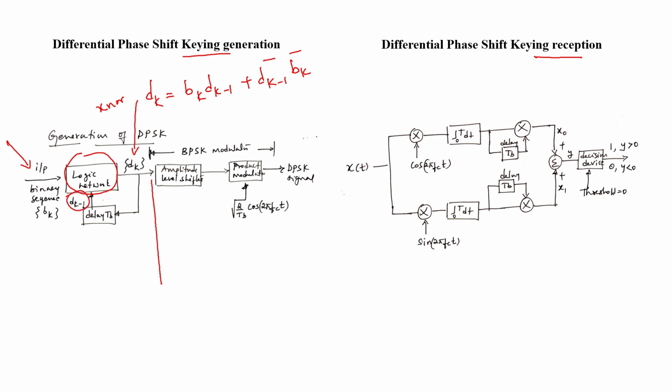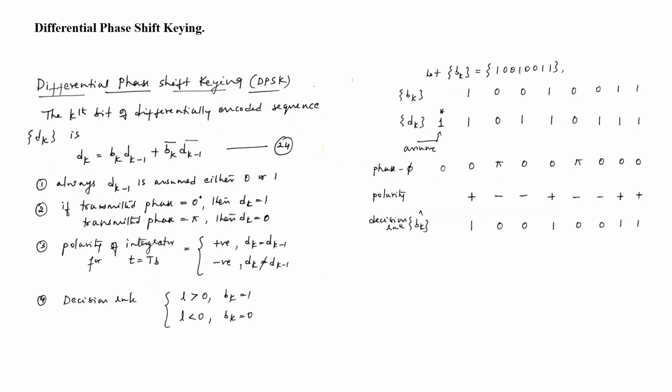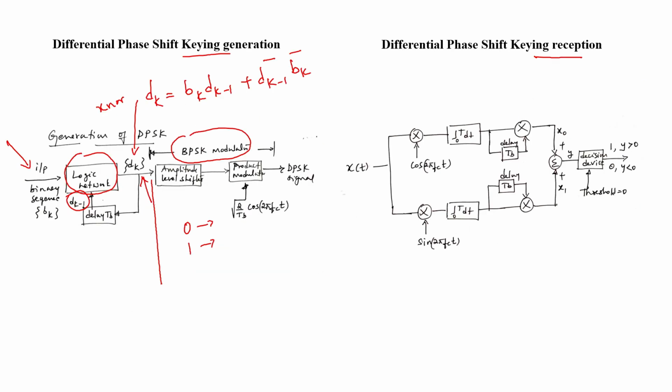Now this output encoded sequence is applied to the BPSK modulator. Here I have to produce the two amplitudes in order to represent 0 and 1. Therefore, I am going to generate the amplitude 1 or minus 1 depending on the binary 1 or 0 transmitted, and it is multiplied in the product modulator with the higher carrier frequency in order to represent the DPSK signal.